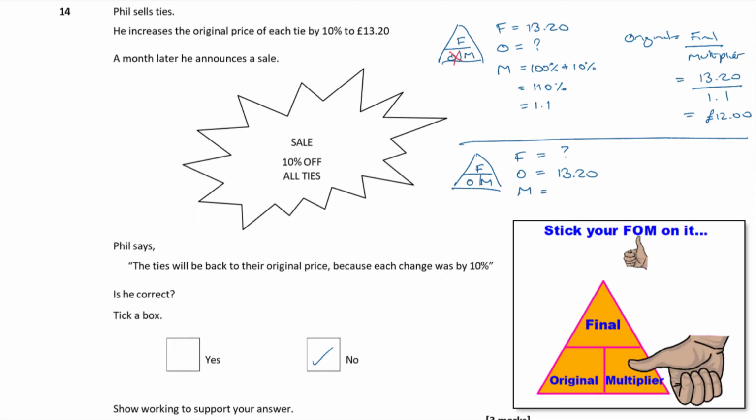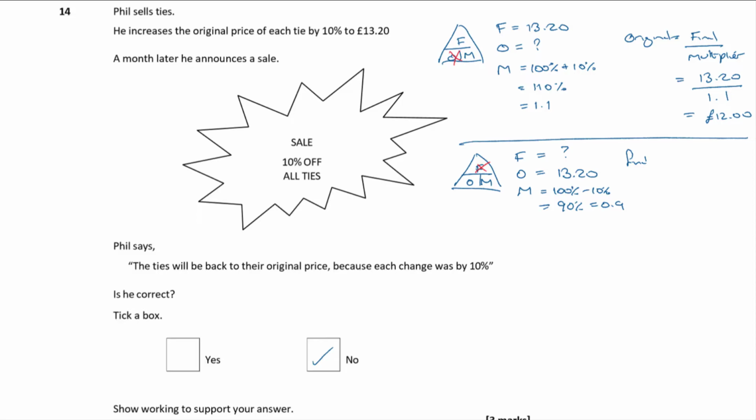This time I'm going to be taking 10% off. So if I've got 100% and I subtract 10%, I've now got 90%, which as a multiplier is 0.9, isn't it? So this time I want the final, so let's stick our formula on that. It tells me what to do with the other two. Final equals original times multiplier.